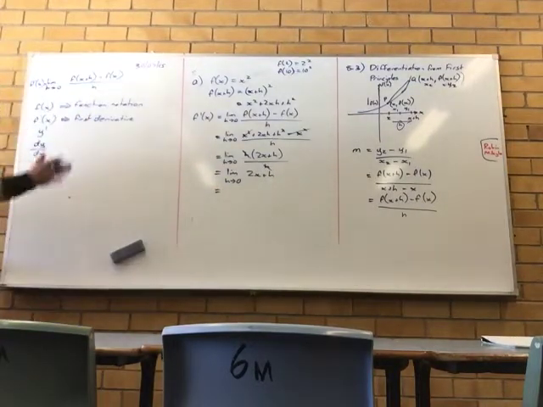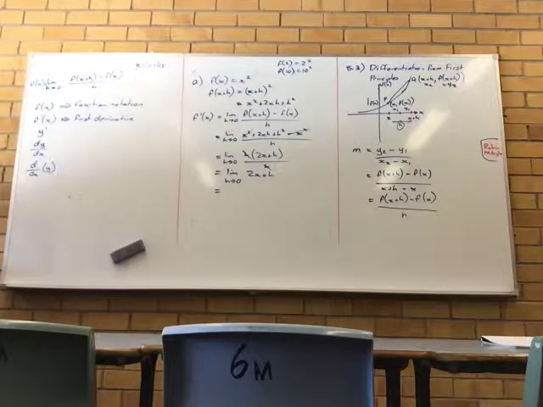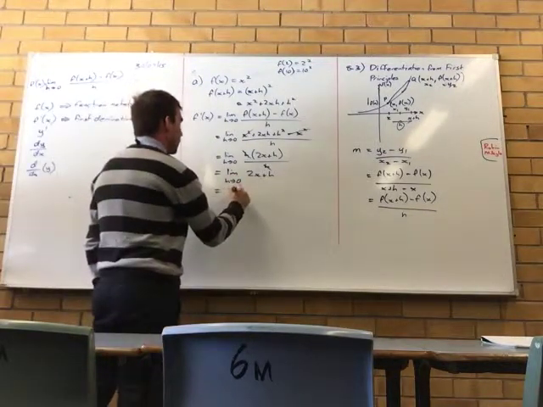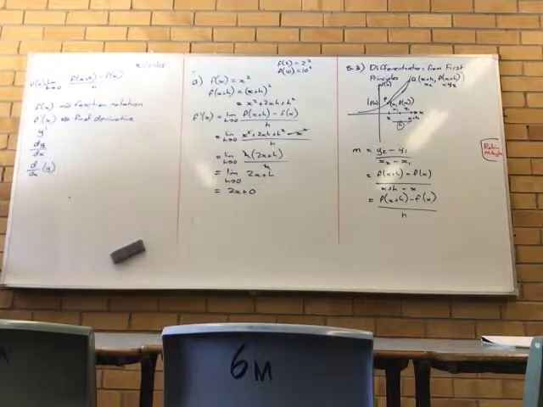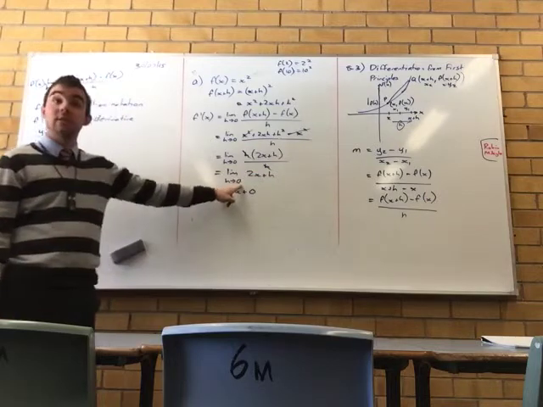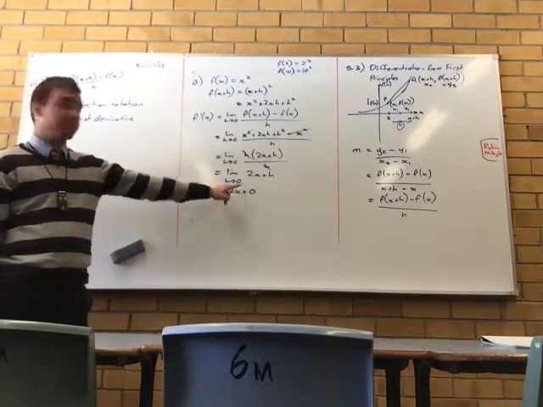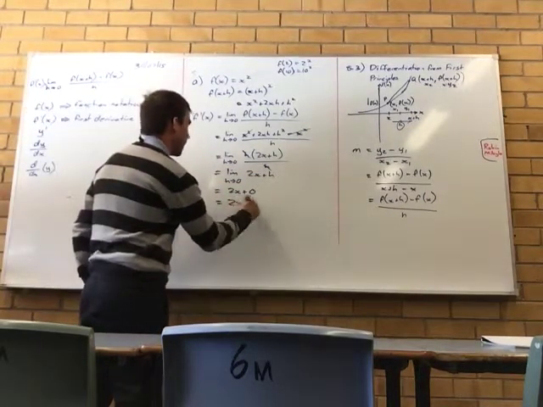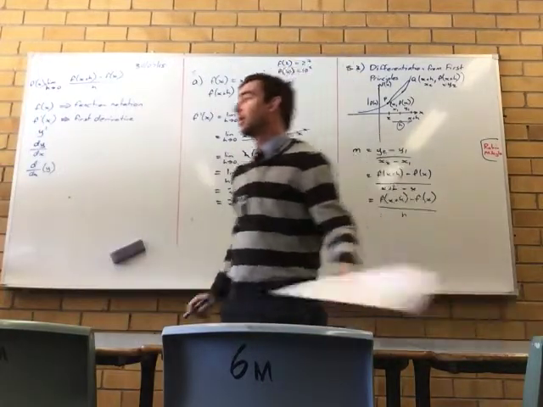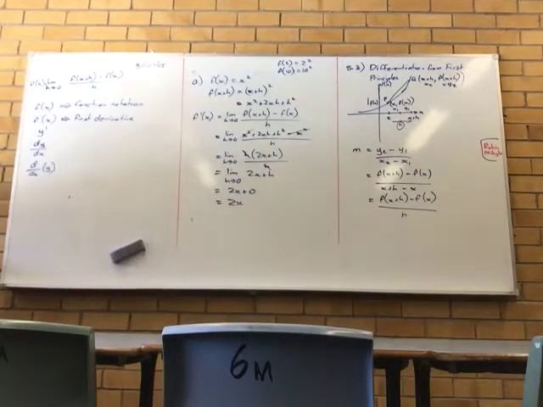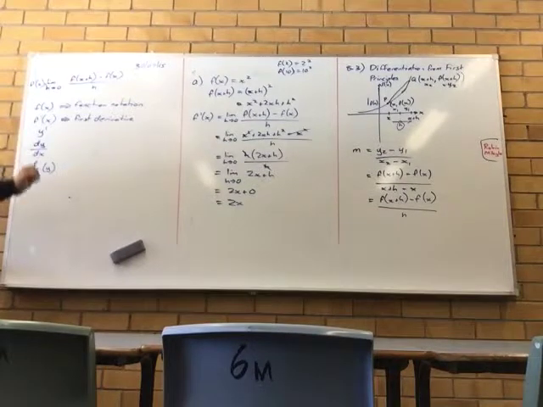So it equals 2x plus 0, replacing h with the value it approaches, which equals 2x. That gives you the equation of the gradient of the tangent at any x value for the function.